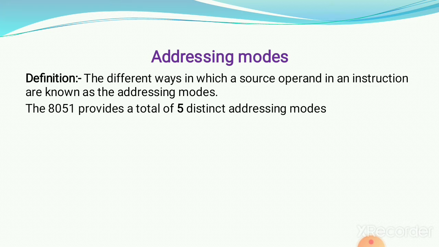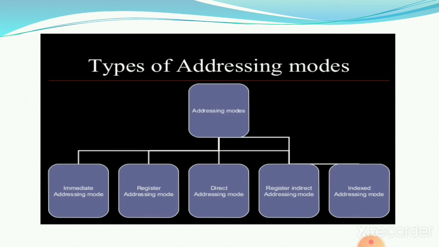The 8051 provides a total of 5 distinct addressing modes. These are the types of addressing mode. First is immediate addressing mode, second is register addressing mode, third is direct addressing mode, fourth is register indirect addressing mode, and fifth is index addressing mode.